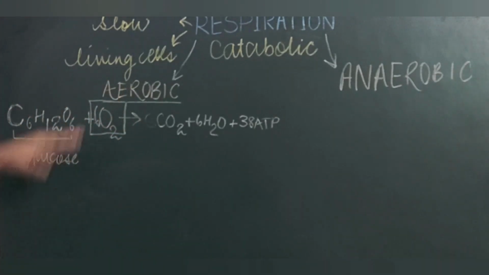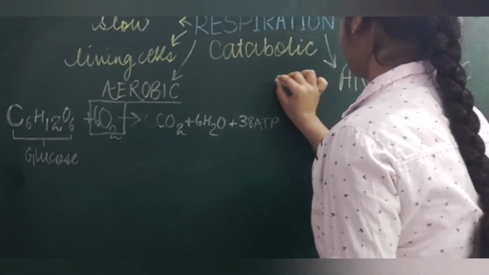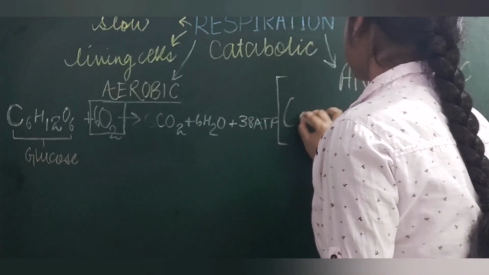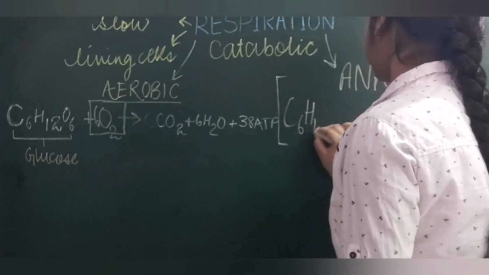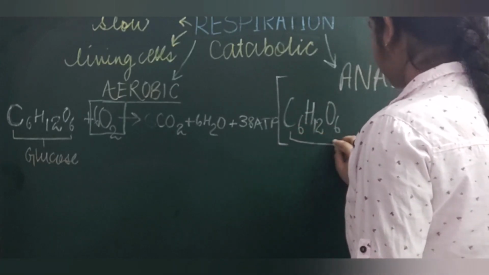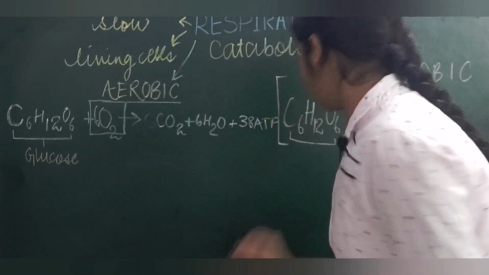Alright, now let's see anaerobic respiration. What occurs there? So C6H12O6, that is the same thing. Again, here also we are using glucose.